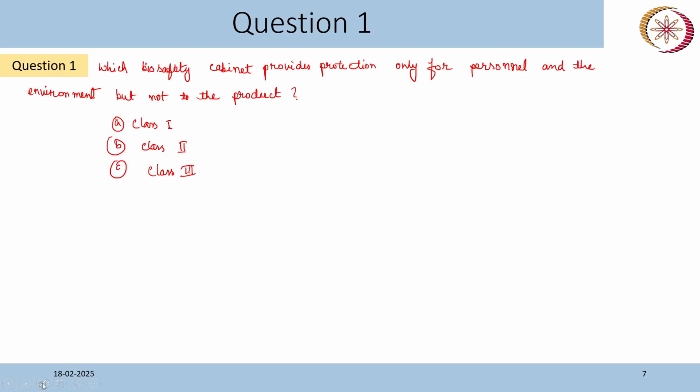So I'll write it down. A, class 1. The reason is that it protects the user.